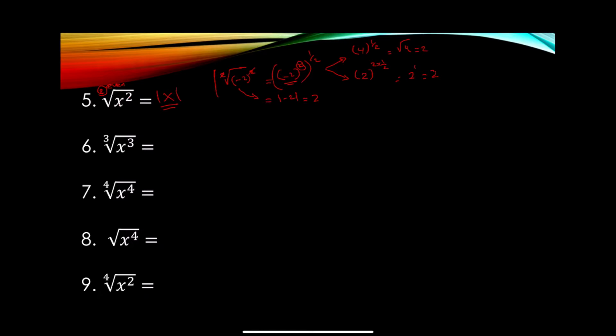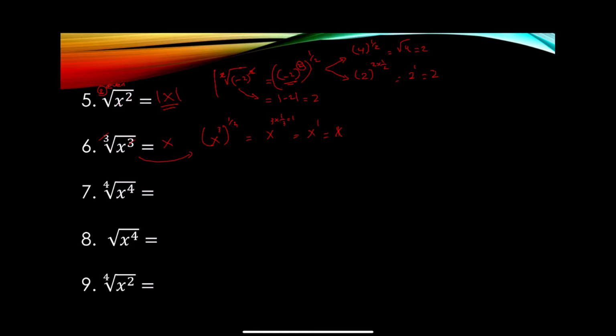Look at the following. This one, we can cancel this or this, and the answer is x. And to show this, it's x to the power 3, all of this to the power 1/3, which is x to the power 3 times 1/3, and the answer is equal to 1 here, so it's x to the power 1, which is equal to x.